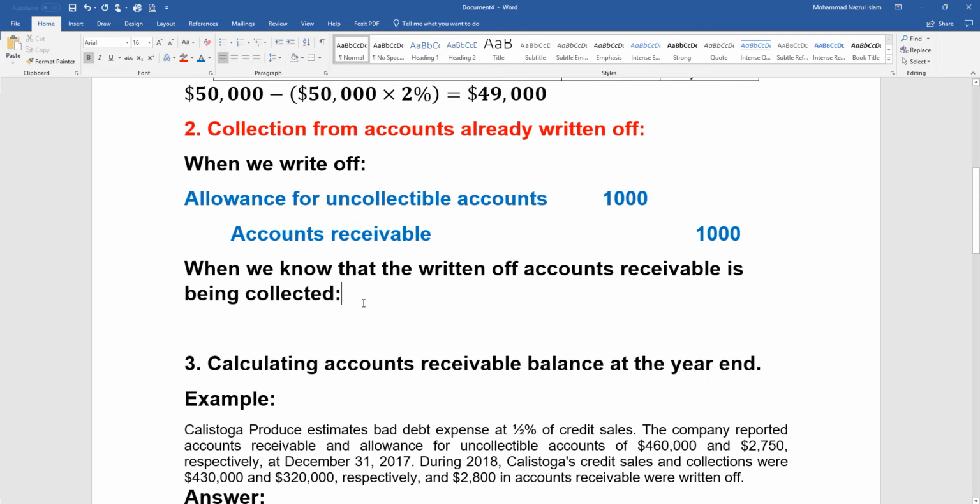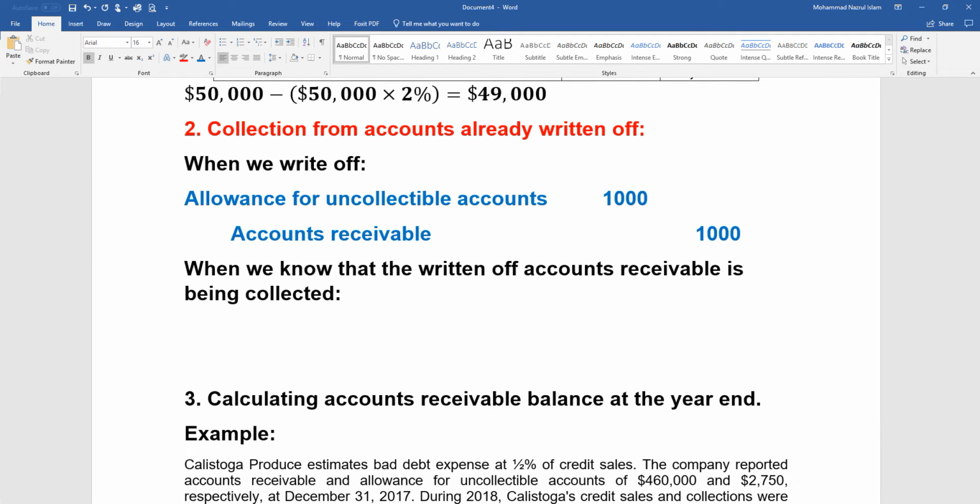But when we know that this accounts receivable is going to pay, we need to follow a 2-step method. So the first one, step 1, we will reverse the write-off entry.